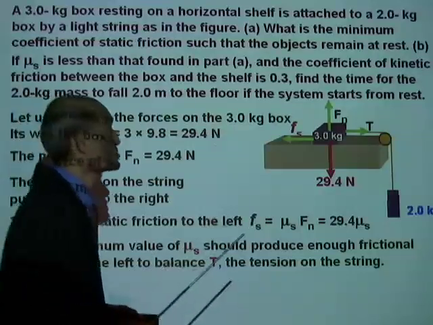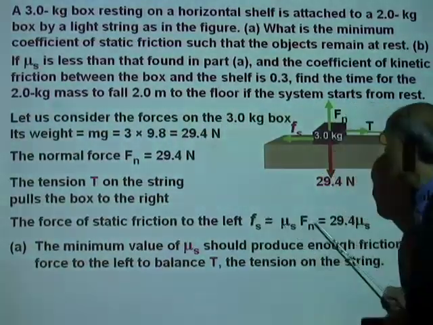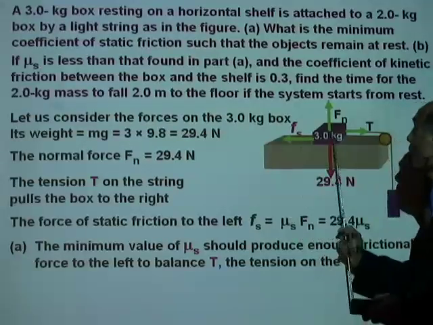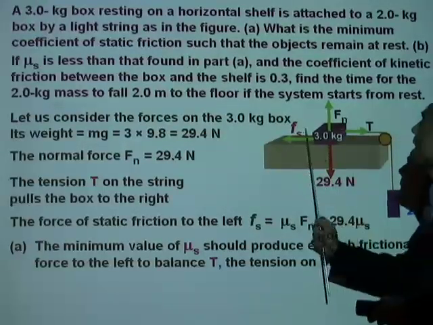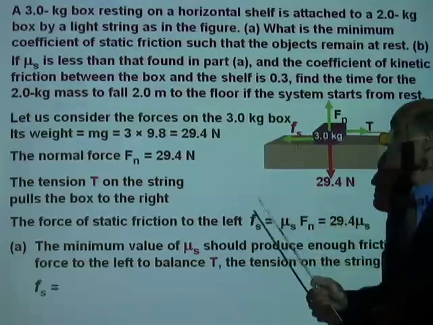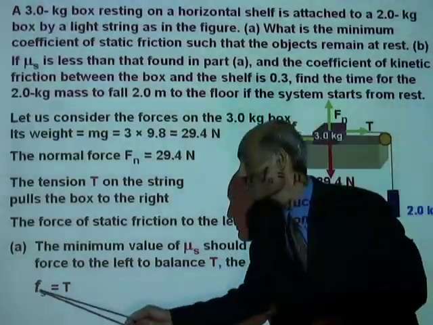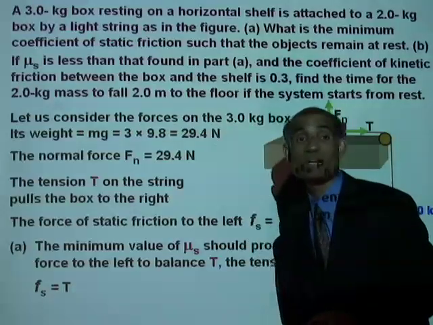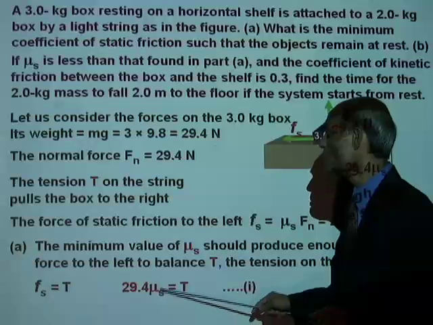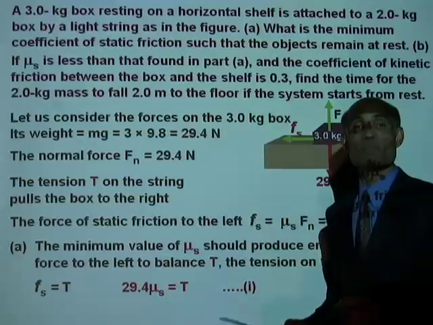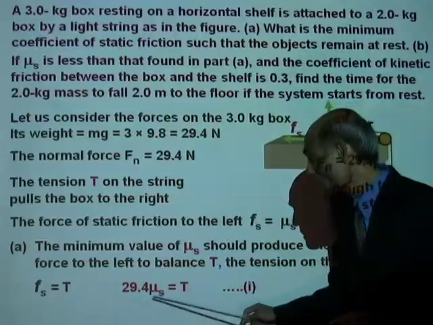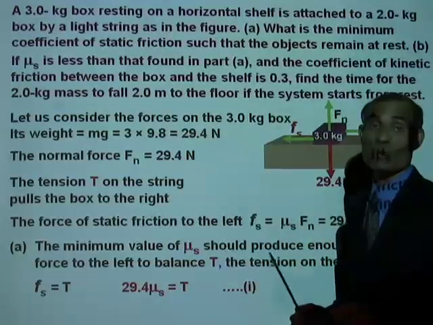Is that right? So the value of mu will be minimum under this condition. Under what condition? T minus Fs equal to 0, or T equal to Fs. So Fs in that state will be equal to T, or 29.4 mu s equal to T. Now, there are two unknown quantities there, so we will leave it there as equation 1.